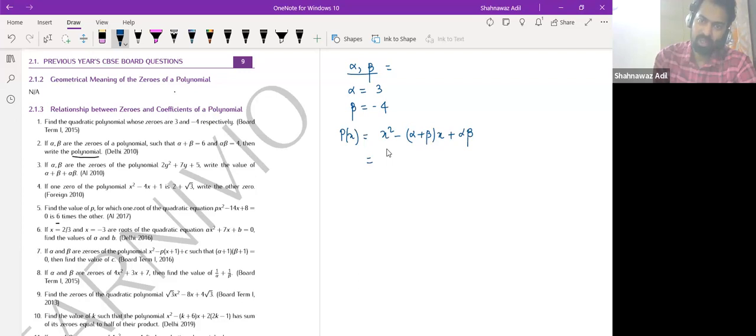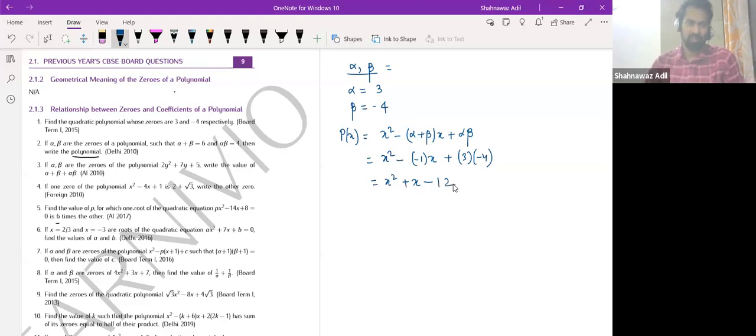So this would be x squared minus (3 minus 4), which is minus 1, and then 3 into minus 4 is minus 12. This is x squared plus x minus 12, right, guys? So this was the first question.